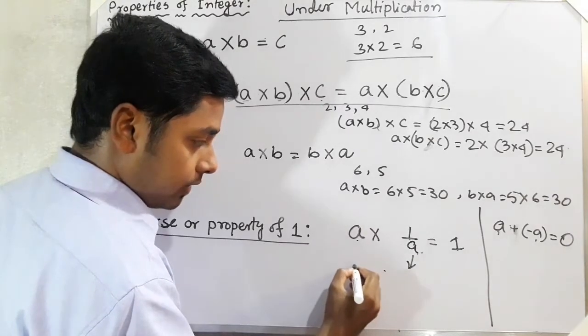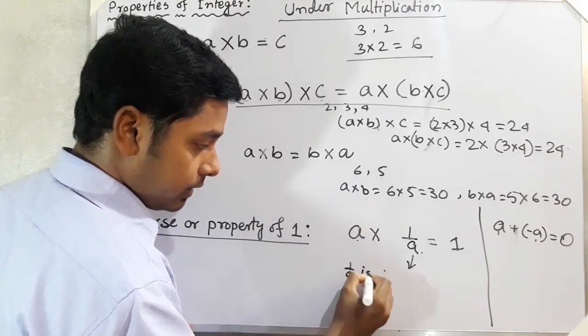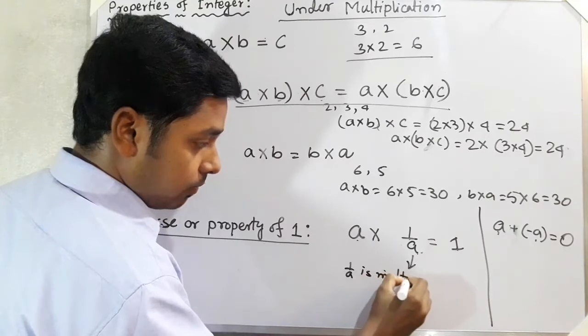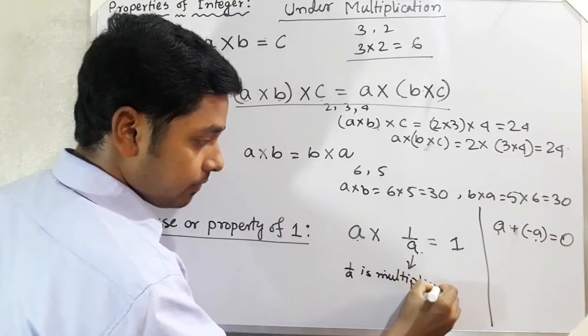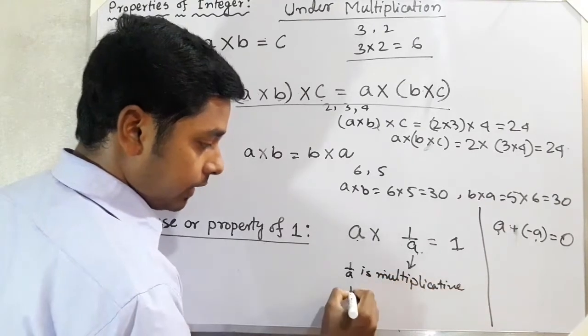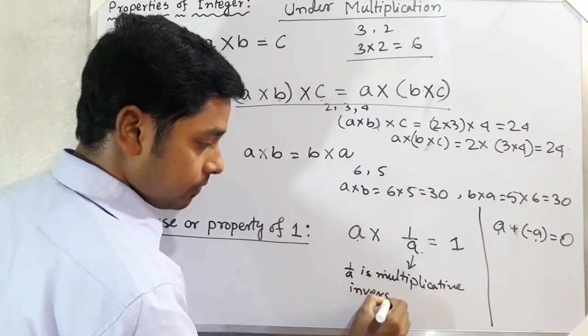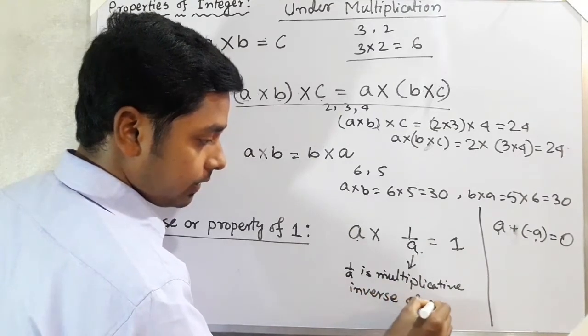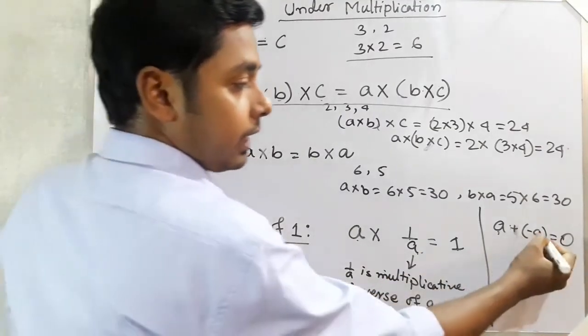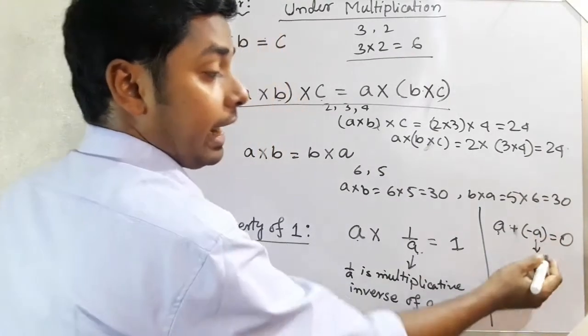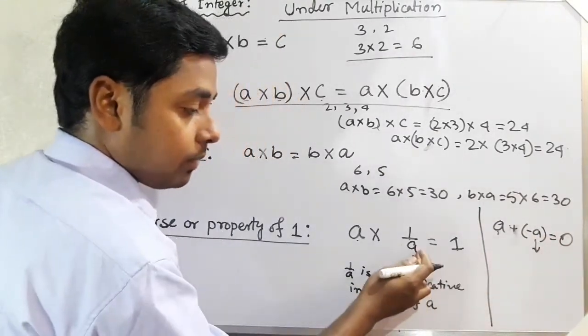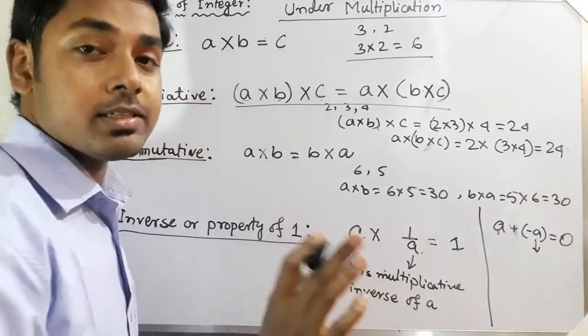Multiplicative inverse of a. 1 by a is multiplicative inverse of a. Okay, and here minus a is what? Additive inverse, and 1 by a multiplicative inverse.